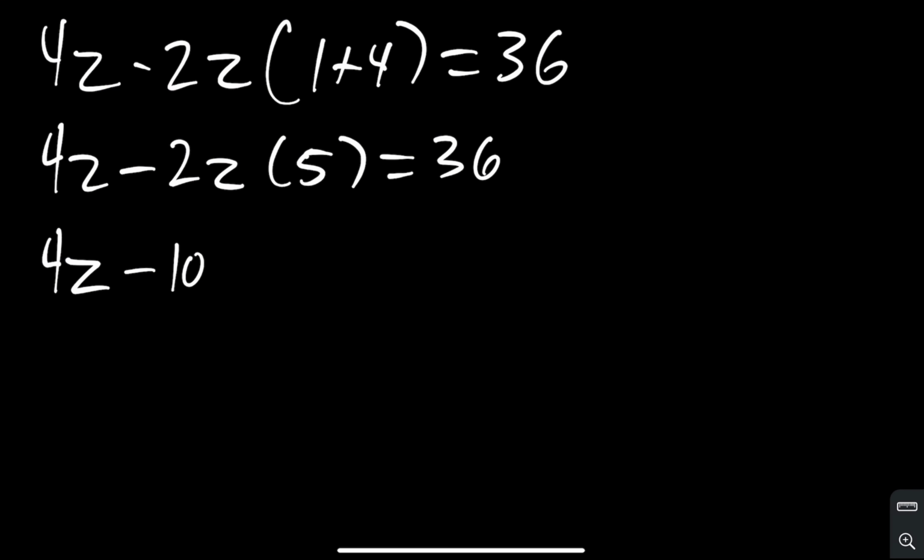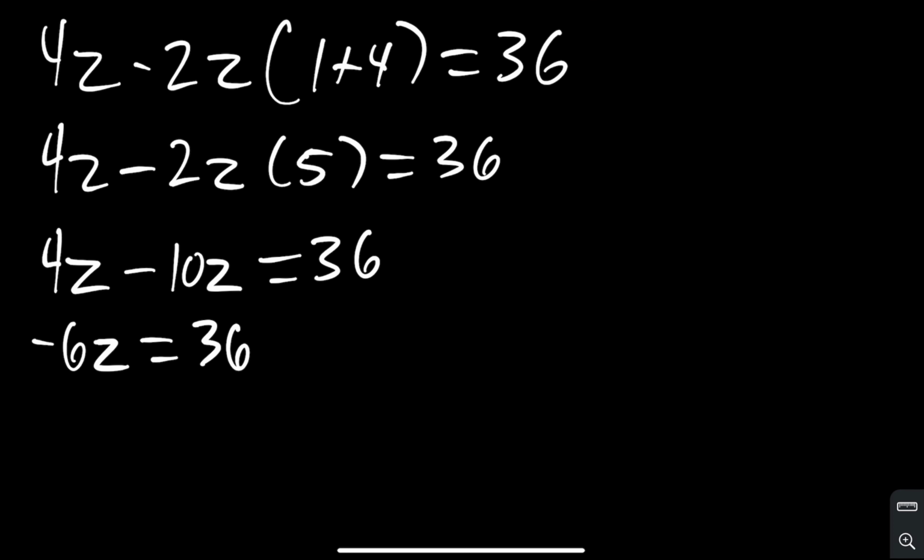It's 2 times 5, but with just a z. Then we have equals 36. So far, we haven't done any algebra, we've just been using our order of operations. Then we have 4z minus 10z, which is basically 4 minus 10, giving you negative 6z equals 36. We want z by itself, so we have to divide both sides by negative 6.